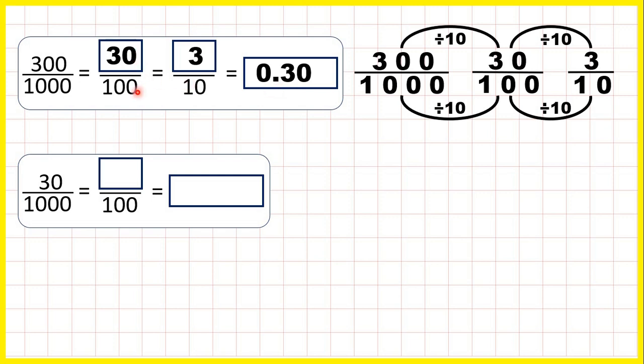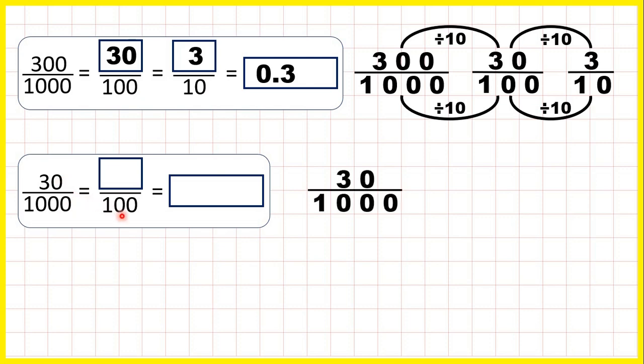But 30 hundredths is the same size or equivalent to 3 tenths, and that's just 0.3. So this is the reason why we don't need to write zeros on the end of decimals. If there are zeros on the end of decimals, then they'll always be equivalent to a fraction with a smaller denominator.